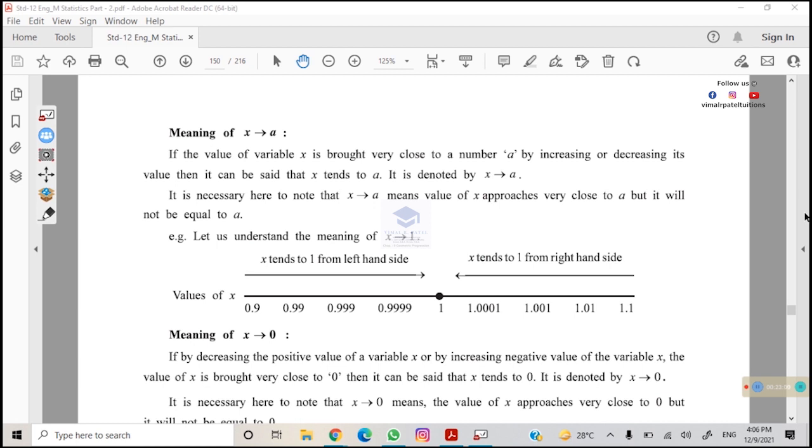Means if x tends to 1, then it will be 0.9, 0.99, 0.999, 0.9999 or 1.0001, 1.001, 1.01, 1.1, but it will not exactly become 1. Same way, meaning of x tends to 0. If by increasing or decreasing the positive value or negative value of variable x, the value of x is brought very close to 0, then it is said that x tends to 0.